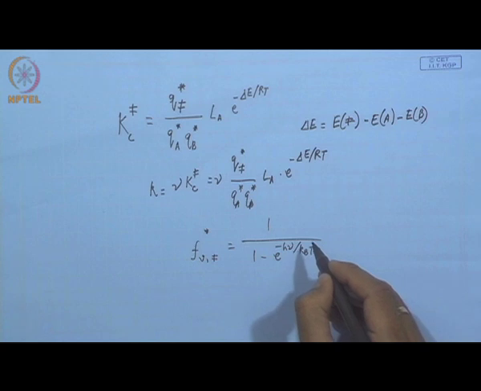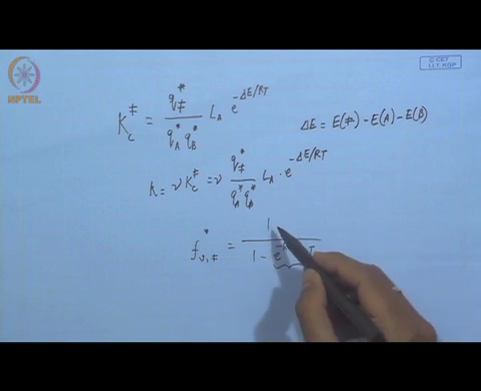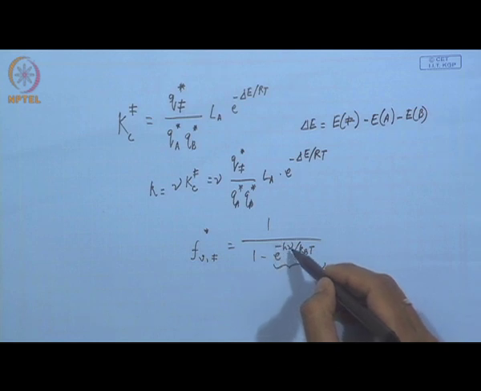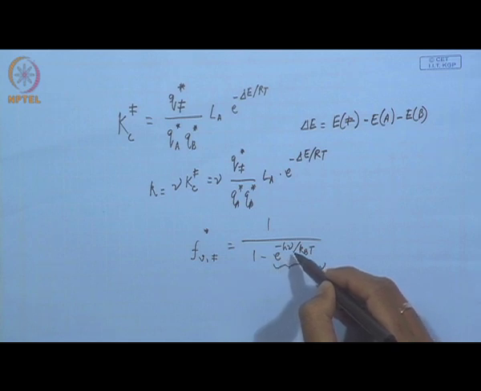Since nu is very small, we can approximate. As I told you, generally these vibrational partition functions are close to unity, but if the frequency is low, it will not become 0, it is more than 0.